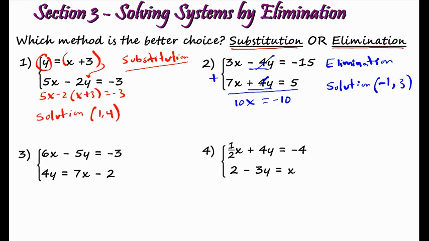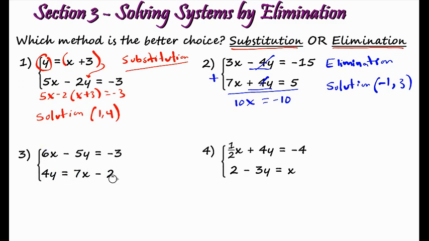Problem 3, there is no variable that is isolated and there is no variable set up to cancel. So we have to choose a method that would work best. Because there's no number that can divide all three of the same equation to make it easy to solve for x or y, and that doesn't exist for either equation, I would not use substitution. I would instead use elimination.